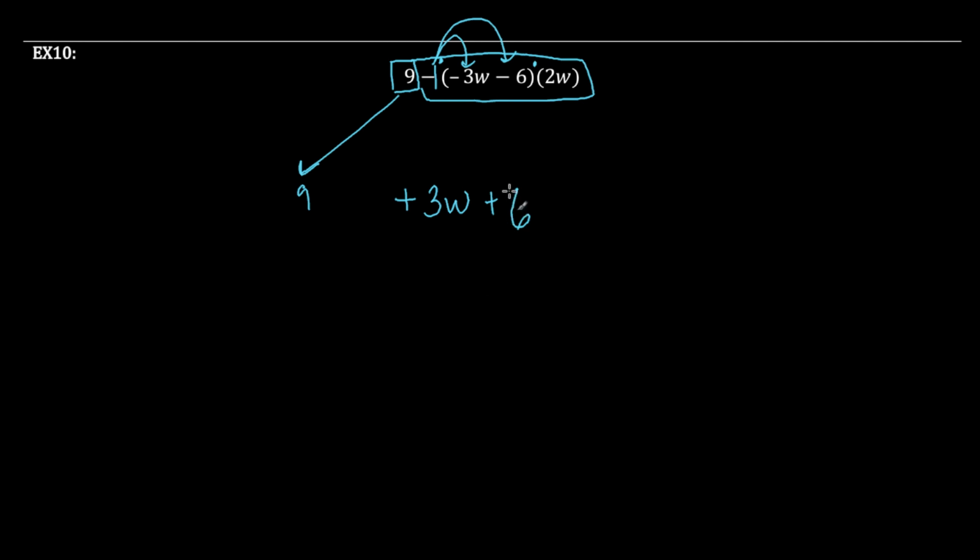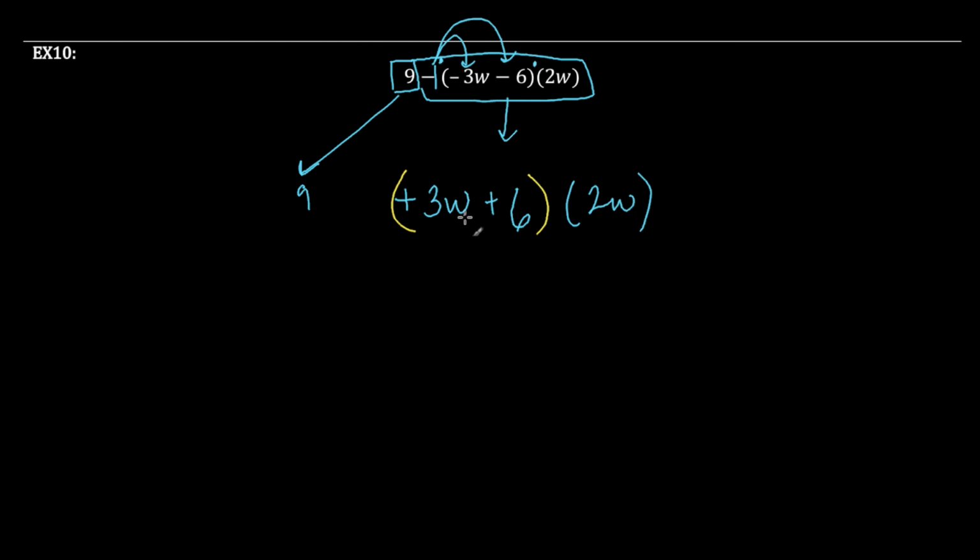And remember that we're not done with this group. We multiplied here, but we haven't finished multiplying. So I have to put my entire answer in parentheses. And I'm going to multiply by 2w. So remember here I'm going to multiply twice.